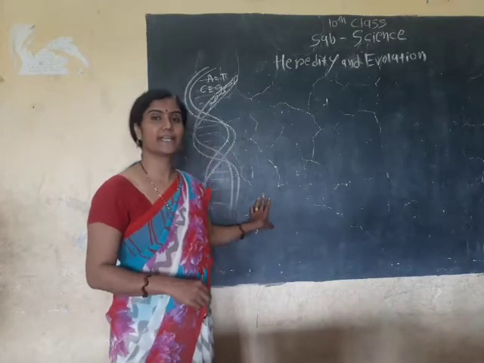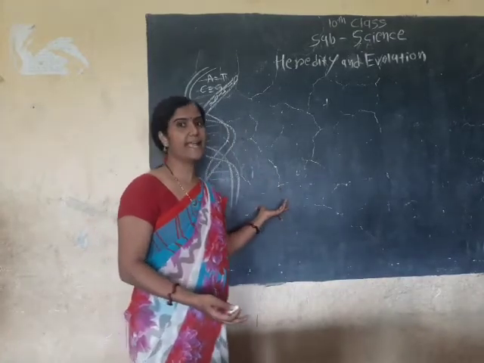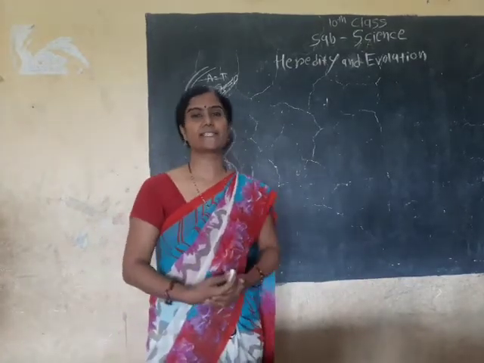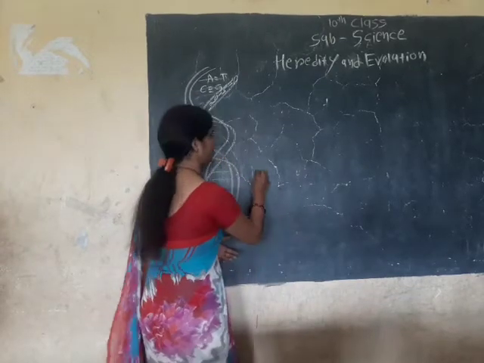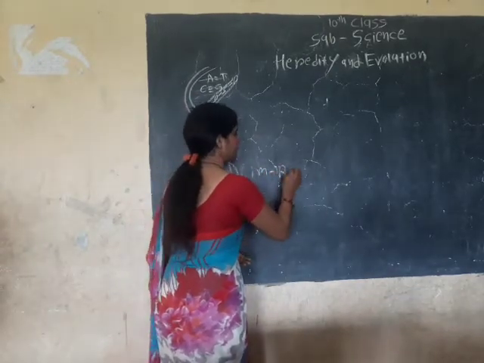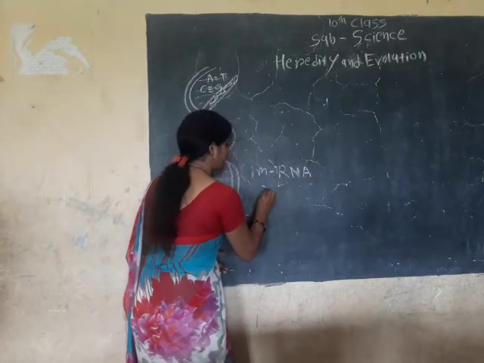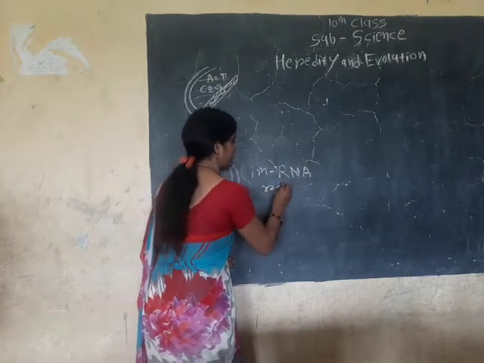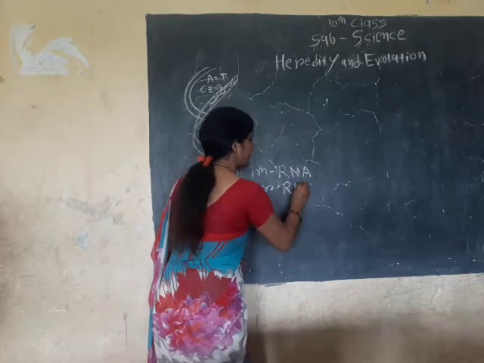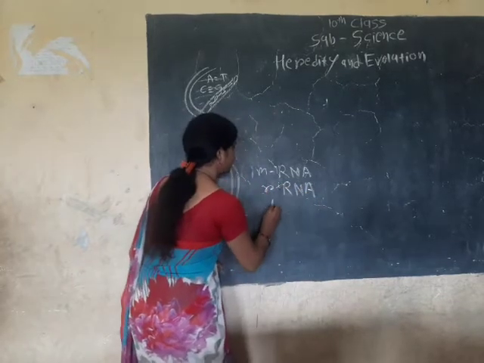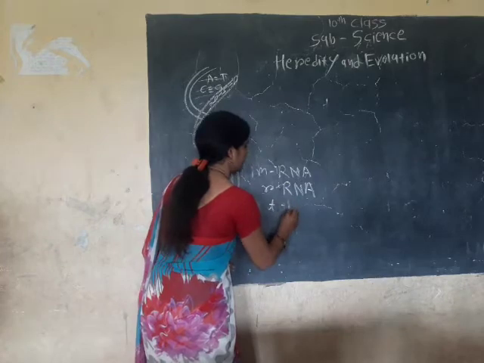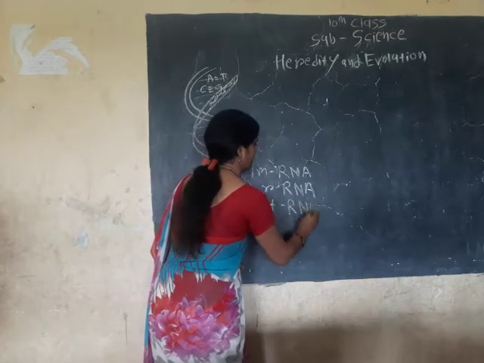And for the types of RNA, we already saw that there are 3 types of RNA: mRNA, that means messenger RNA, rRNA, that means ribosomal RNA, and tRNA, that means transfer RNA.